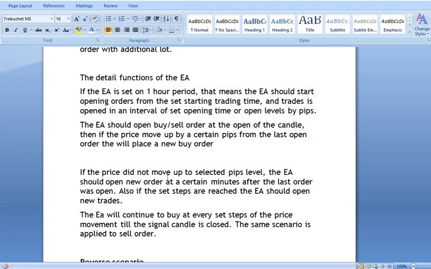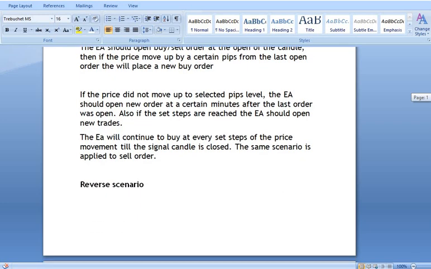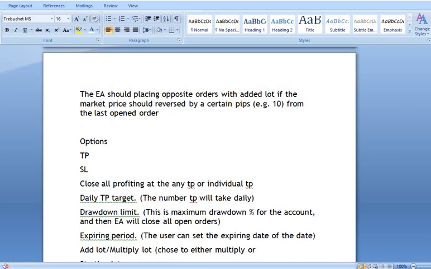Then if the price did not move, that is exactly what I have also explained. Then the EA will continue to buy at every step. I think I have also touched on these two. Most of the basic actions have been explained. Then the EA should place an opposite order with added lots. I think I've also mentioned that.